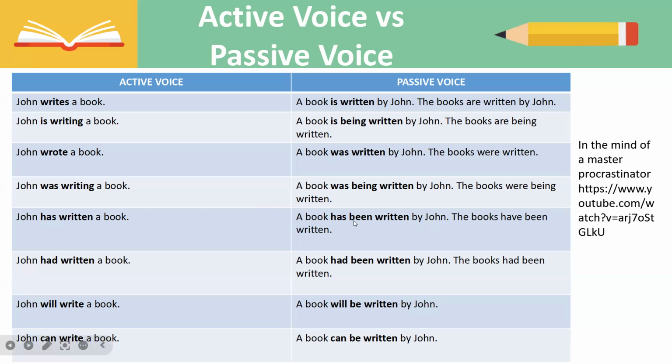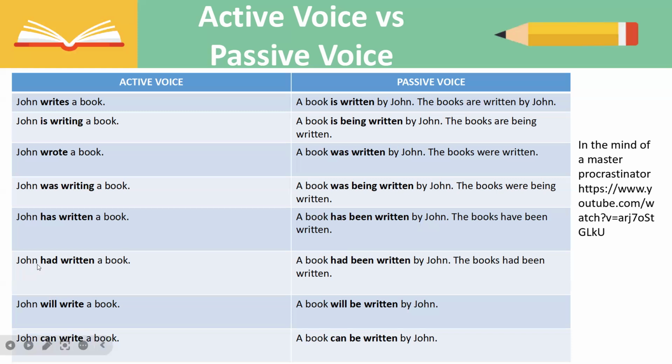The been is going to indicate that it's the perfect tense. You know, like in the continuous tense, we use being. Been is going to indicate that it's a perfect tense, plus the verb in the past participle, and then by John. So a book has been written by John.